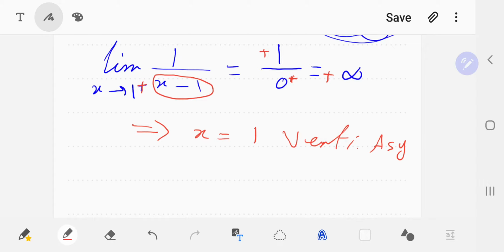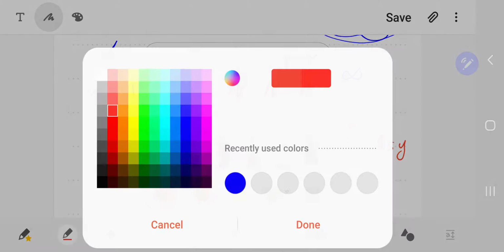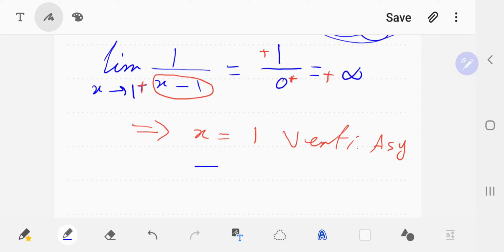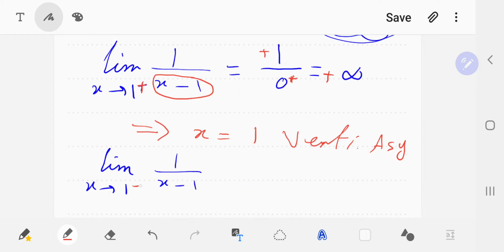But actually, checking the right side or the left side may help me in the graph, as I said. So I would prefer to find the other side just to show you how that would affect the graph of the function and how that would help you. So let's say I'm going to evaluate the limit of 1 over x minus 1 as x approaches 1, but in this case from the left side.